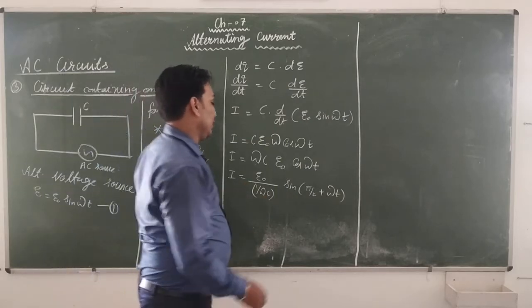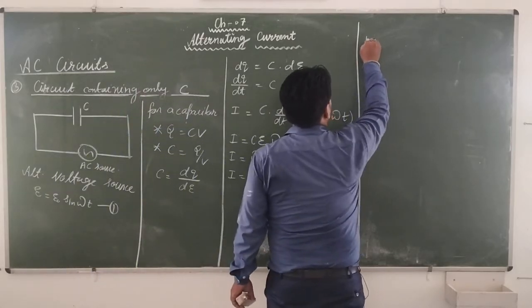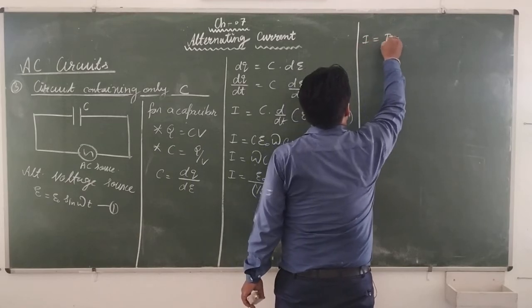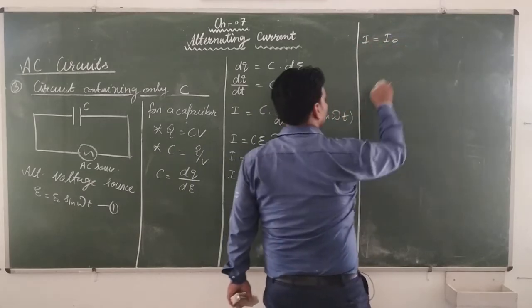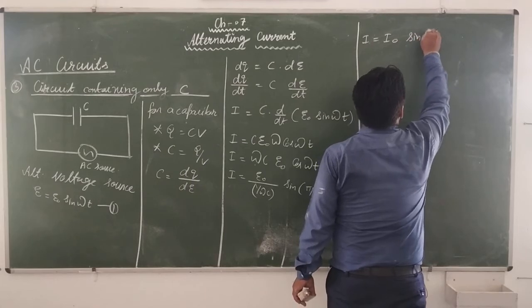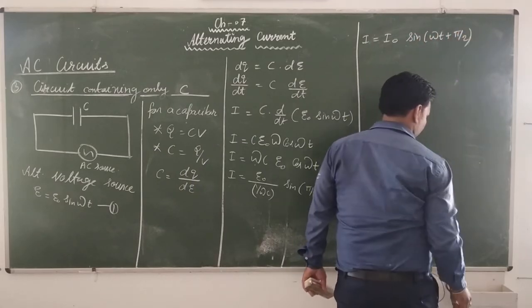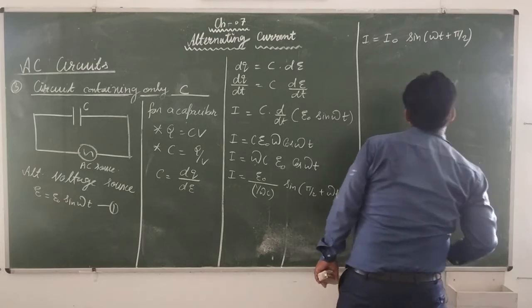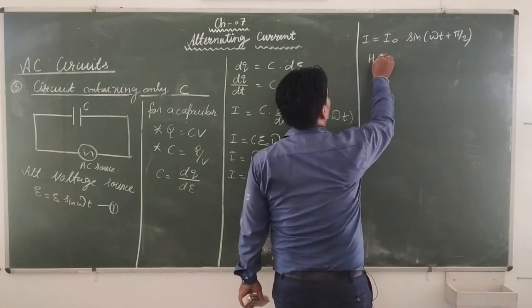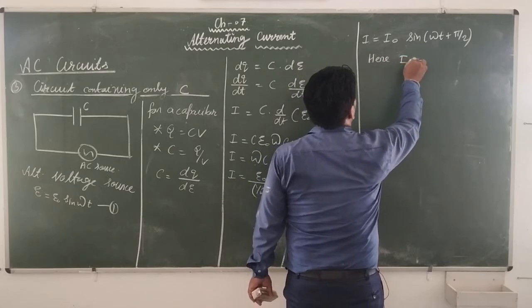1 over omega C. So I can be written as, the standard equation, I naught sin (omega t plus pi by 2). Okay, sin (omega t plus pi by 2). Here I naught is equal to what?